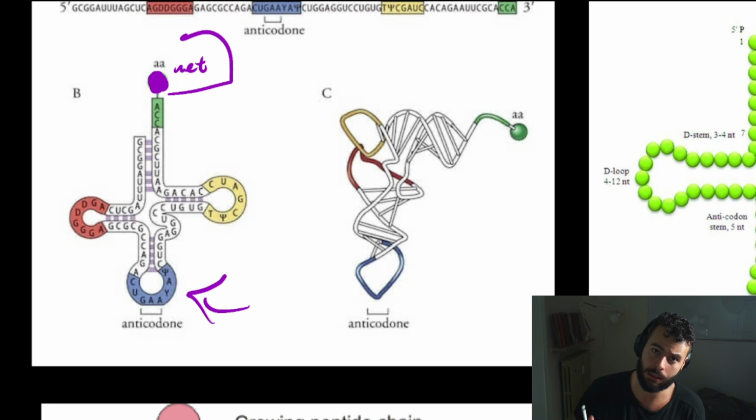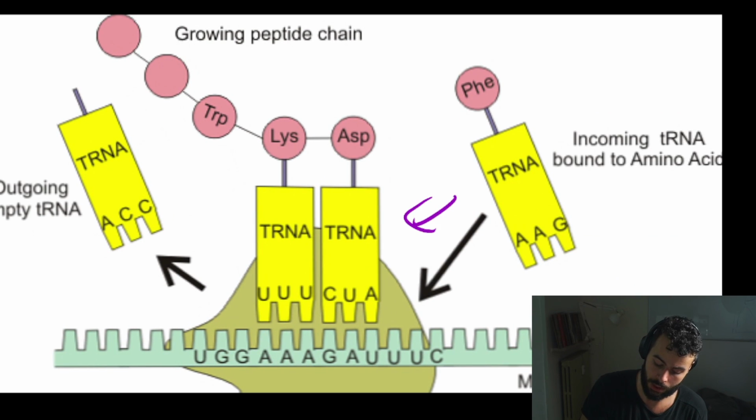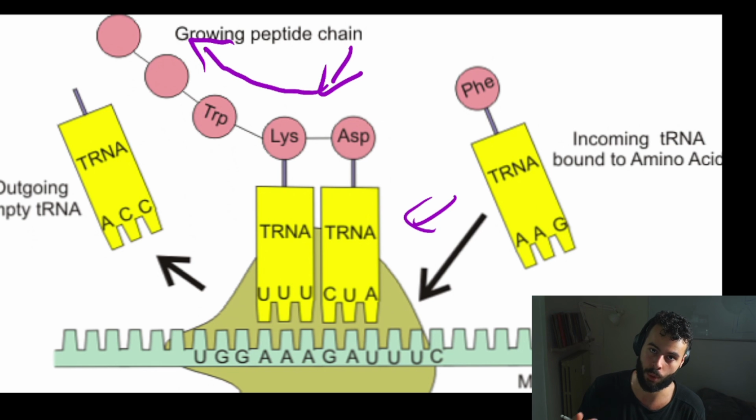The tRNAs will enter the ribosome one after one, and the different tRNAs will stay close to each other, and the ribosome and the different enzymes that we are going to study will help us form peptide bonds between the amino acids. Therefore, we will have the elongation of a polypeptide that is eventually going to be called a protein. And that's it.